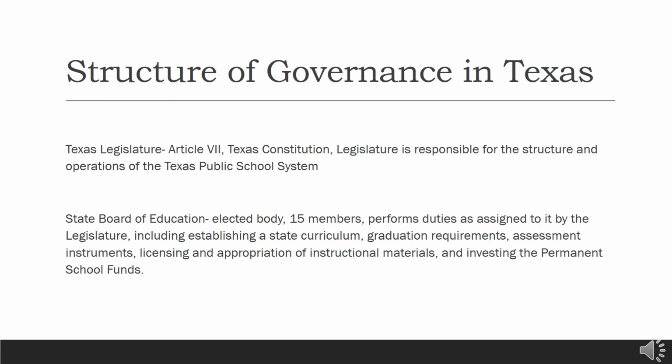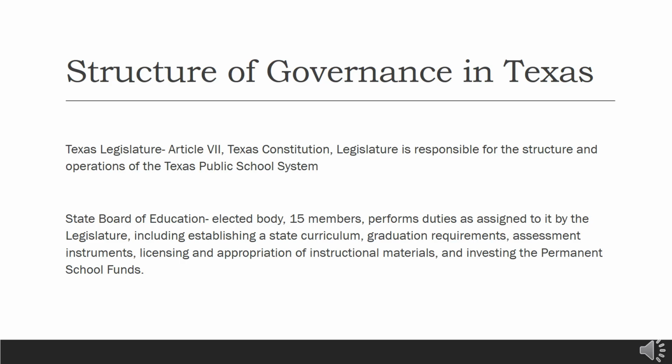As far as education goes, the Texas legislature in Article 7 of the Constitution takes responsibility for the structure and operation of the Texas public school system.